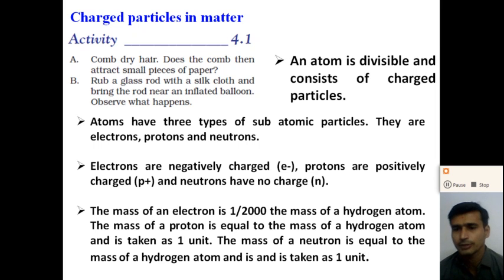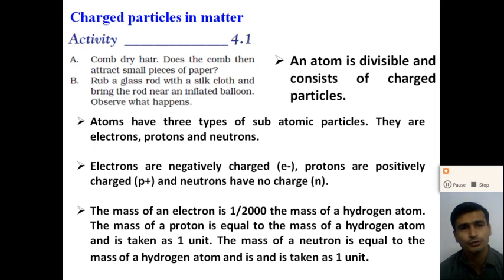So with the help of these activities, we can understand that when we rub two objects against each other, when we comb dry hair, or when we rub a glass rod with a silk cloth, the charge is transferred from one object to another due to friction, right?